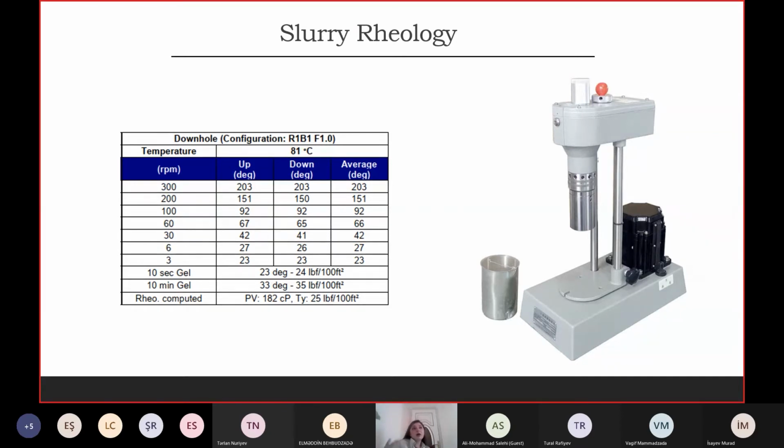What does it give us? It gives us hierarchy and better mud removal. Look, mud and spacer come and push mud away from the well, and then slurry comes and pushes spacer away.